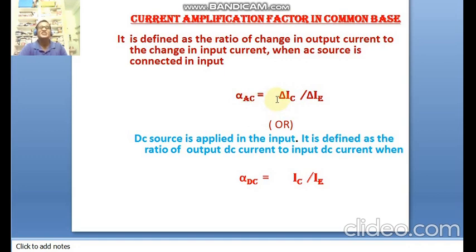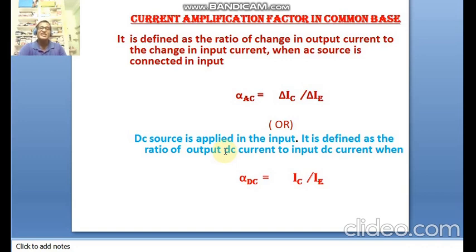So it is the change in collector current by change in emitter current, or it can be defined as the ratio of output current to the input current when a DC source is applied. Or if no source is applied and DC current is passing through it, then the current gain is defined as the ratio of output current to the input current.